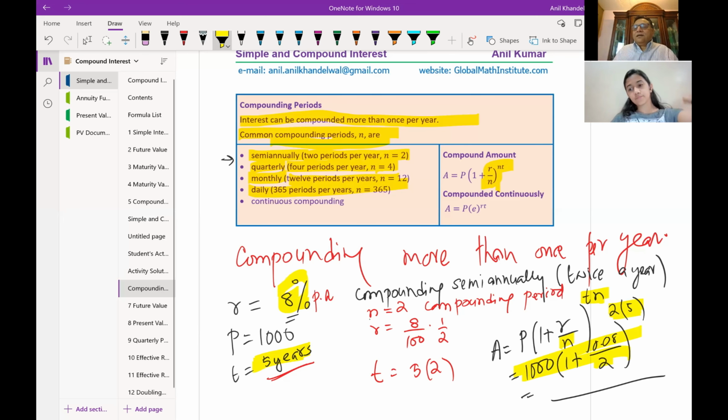This calculation will give you much higher than annual compounding. So let us do this calculation and find the answer. Basically it is 1 plus 0.04, with exponent 10, and then multiply by 1000, and so we get 1480.